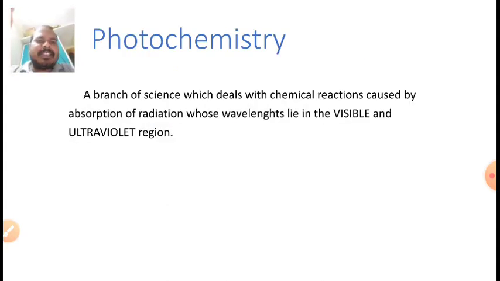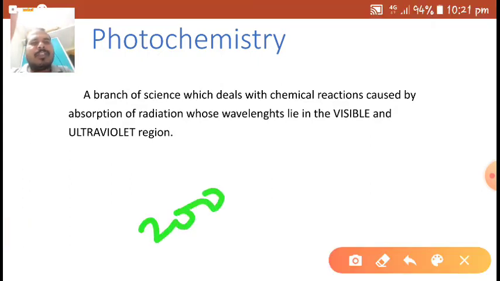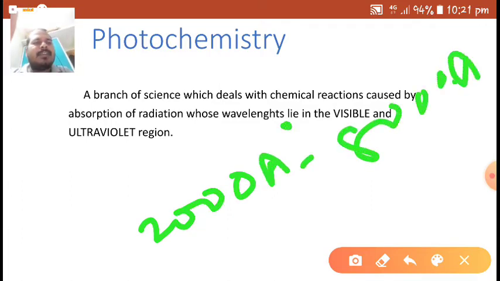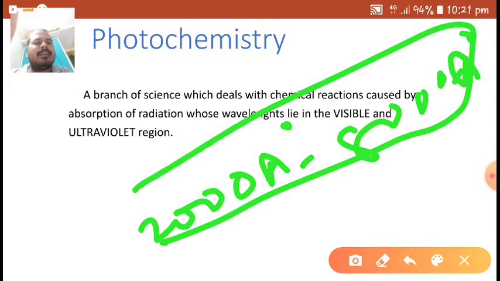Photochemistry is a branch of science which deals with chemical reactions caused by absorption of radiation whose wavelengths lie in the visible and ultraviolet region, that is 2000 angstroms to 8000 angstroms. The region between this wavelength is considered as the visible and ultraviolet region.